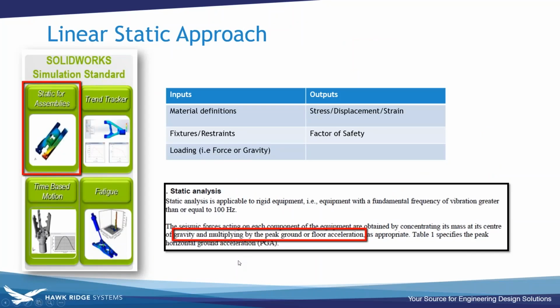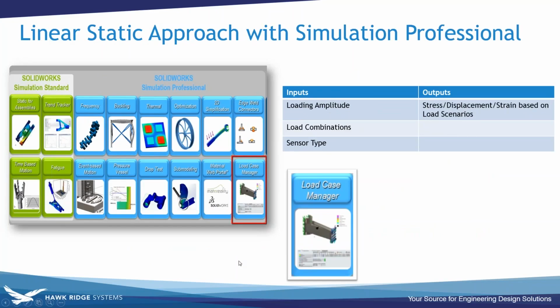So going back and taking it up further, what can we do in a simulation professional environment? So we still can do a linear static approach, but when we incorporate simulation professional, it actually provides us with this load case manager. So this load case manager is to define different load scenarios, meaning that we can define some sort of dead load or some sort of transverse loading or some amplified loading that we've defined in our baseline static analysis.